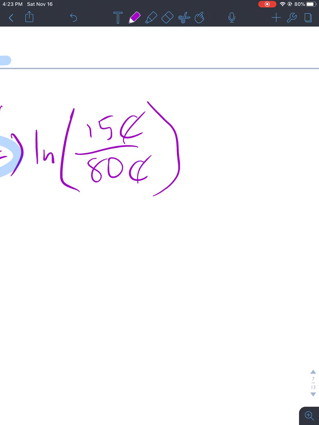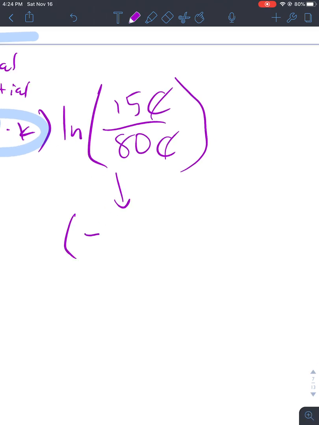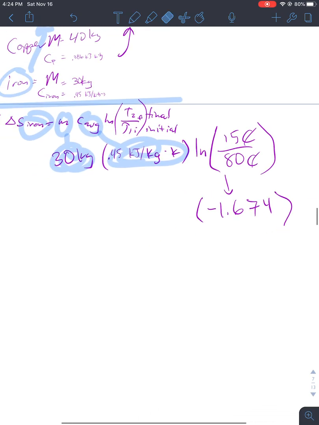Let's get a calculator out. That's equal to negative 1.67, estimate to 4. So carry all this stuff through. All the units should cancel. Let's cancel units. So here we have kilograms.